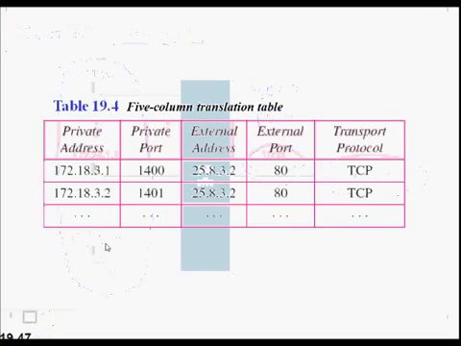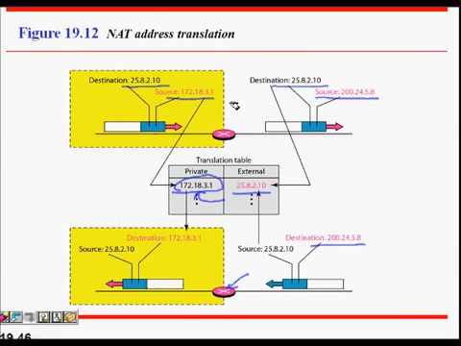So this is about NAT. It helps in the sense that even if you have one IP address outside for your NAT router, inside your campus you can have many different machines, thousands of machines, and based on the NAT table you will be able to make contact.